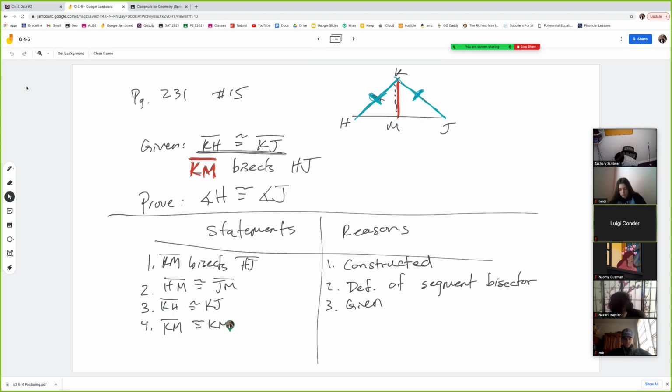What are we saying here? We're saying that that line is congruent to itself. Anytime a line is congruent or an angle is congruent to itself, we call this the reflexive property.